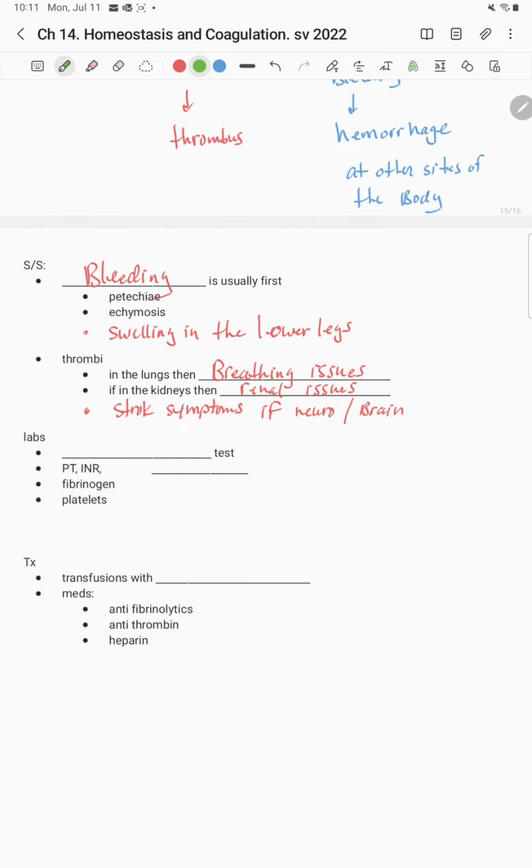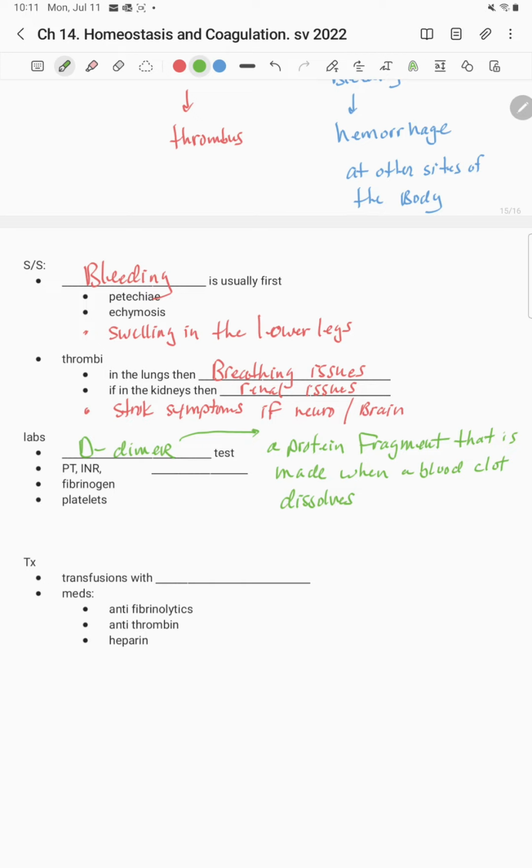Okay, labs, you would run the D-dimer. D-dimer is a protein fragment that is made when a blood clot dissolves.